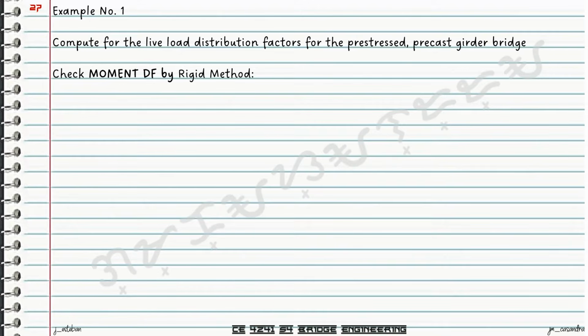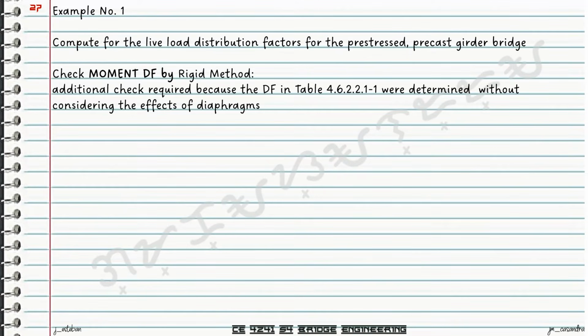So the checking now for the exterior moment distribution factor by rigid method is an additional requirement since the distribution factor equations in table 4.6.2.2 were determined without considering the effects of the diaphragm.